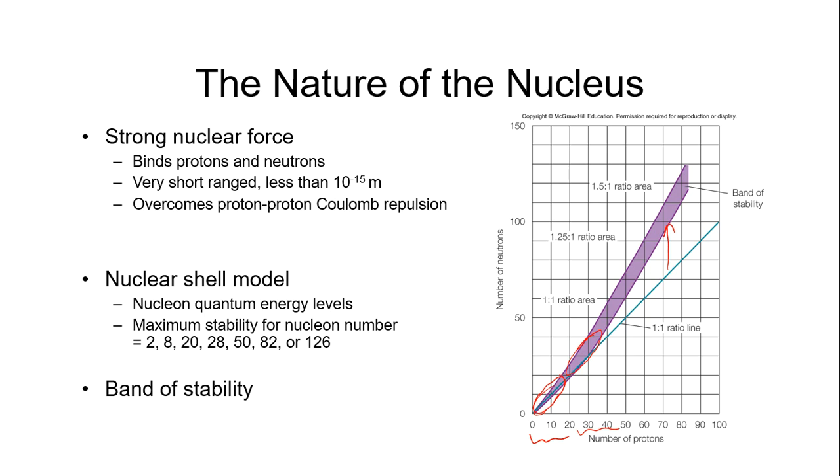This purple region here is what we call the band of stability. If your nucleus is within that range, you've got a fairly stable nucleus. But every once in a while, you'll get an atom that lies, say, perhaps right there. If that's the case, then it's an unstable nucleus and can very easily break apart and undergo radioactive decay.